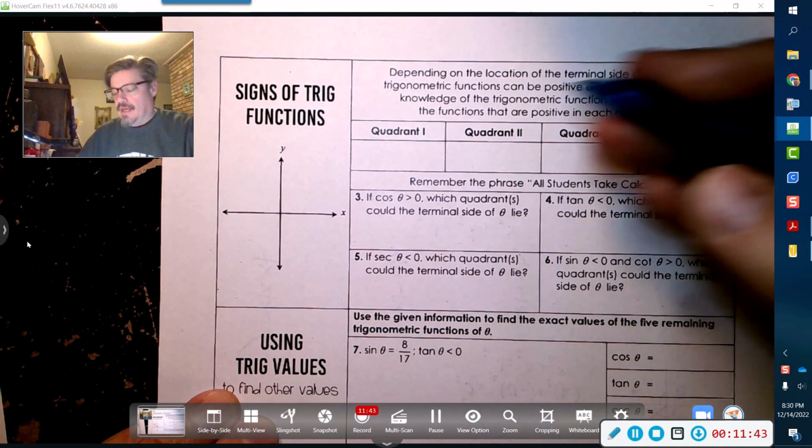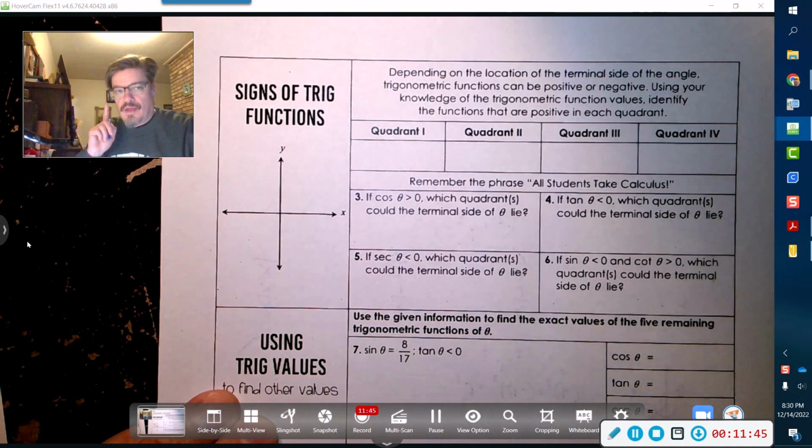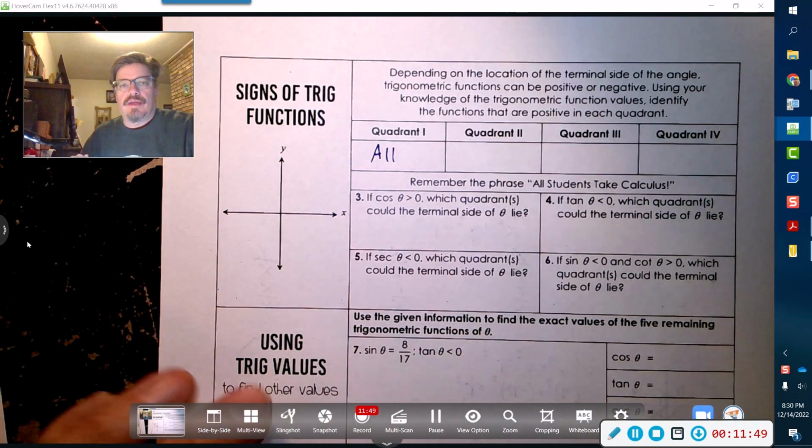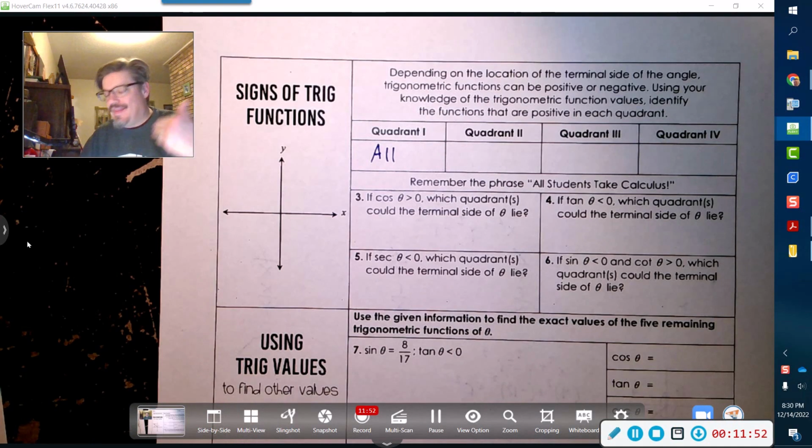If your point is in quadrant 1, then all of your trig ratios will be positive, and that's what we saw when we did our realistic applications. But as soon as we start moving to other quadrants, those values change.